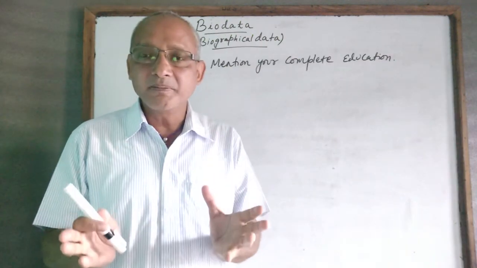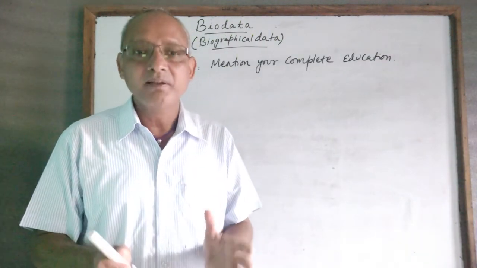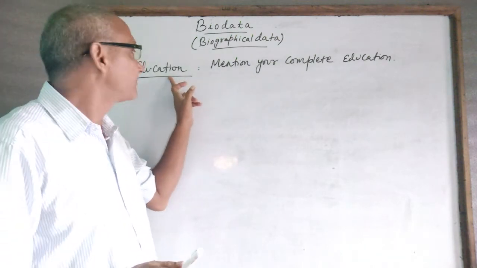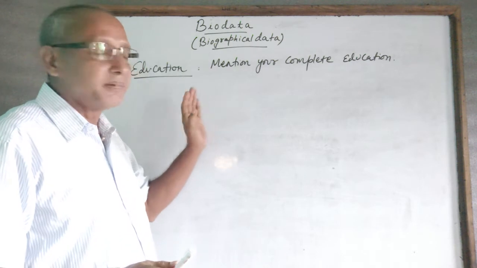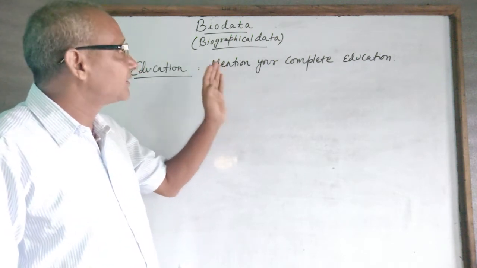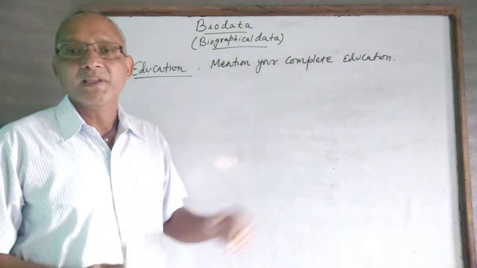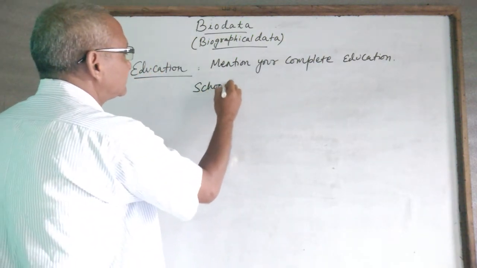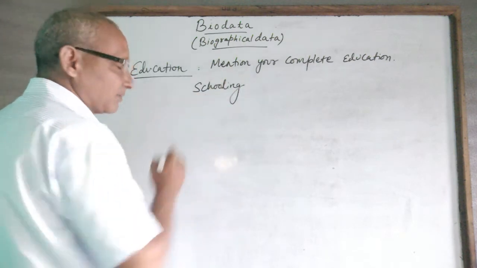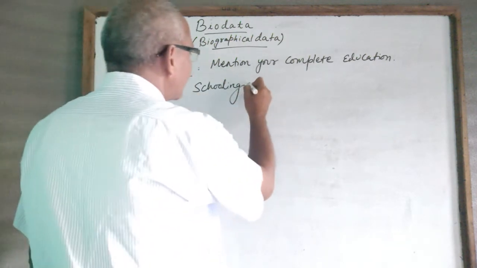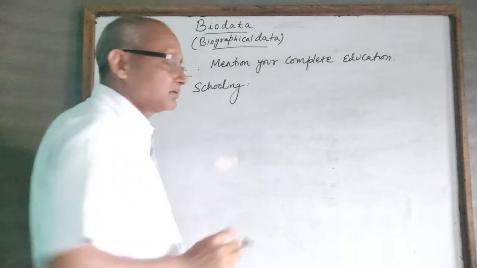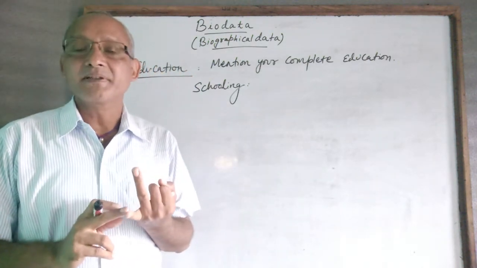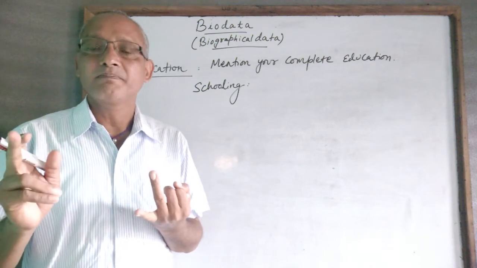So after the work experience, work history, let's come to education, your next point. This should be mentioned in your complete form, like where you had your schooling. Number 1, that means you passed out your school level. We call it School Leaving Certificate, SLC.